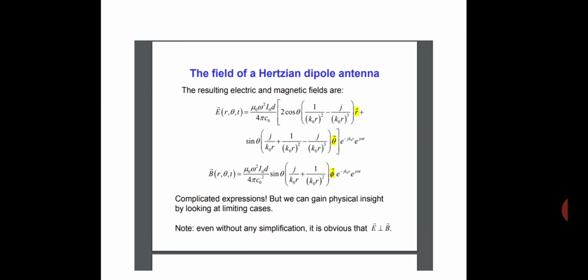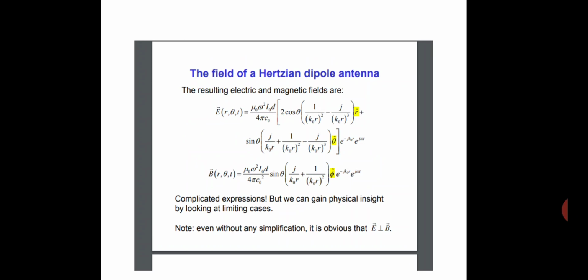The field of Hertz dipole antenna. The resulting electric and magnetic fields are as follows; we can write the electric field equation and magnetic field equation for the Hertz dipole antenna.